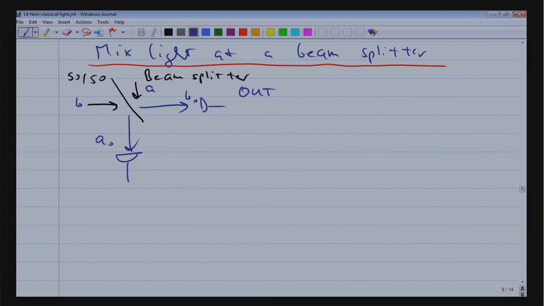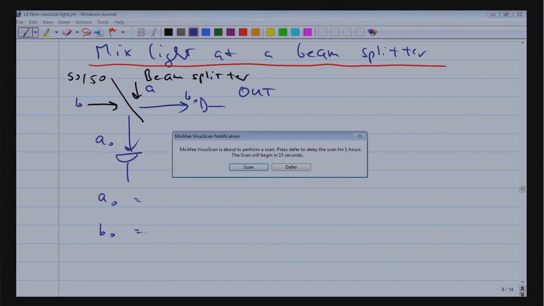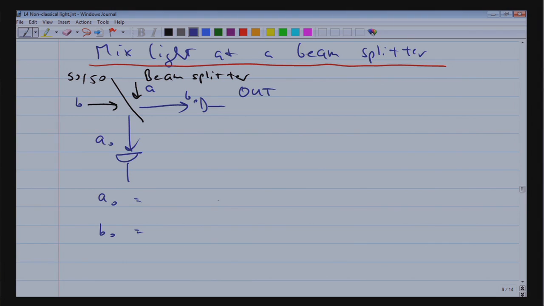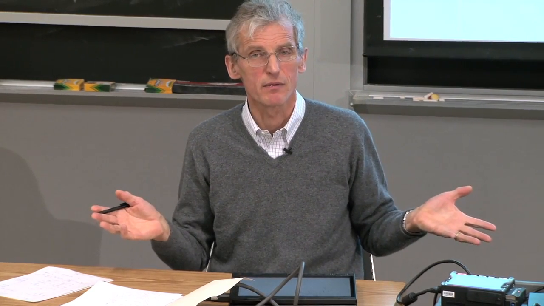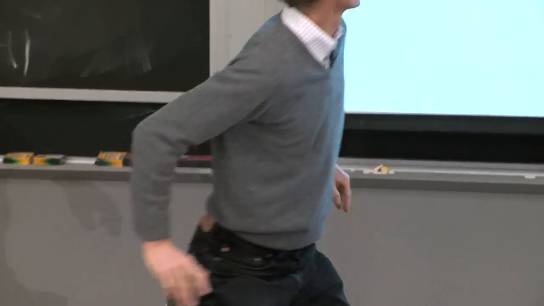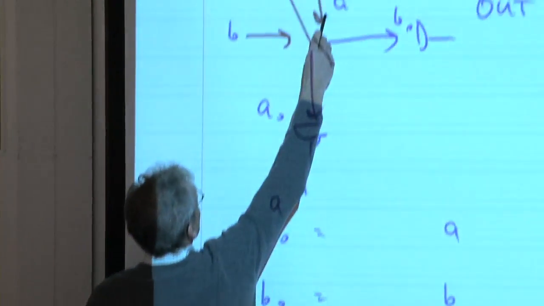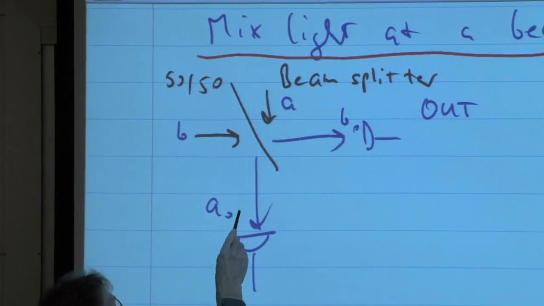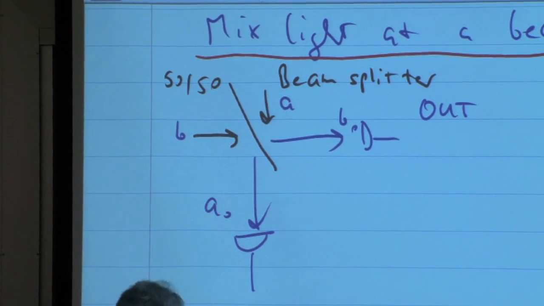Okay, the output modes A0 and B0 are simply obtained by taking the input modes and propagating them. We have two modes A, B. What goes vertical is A, we call it A0, here it's B, it becomes B0.